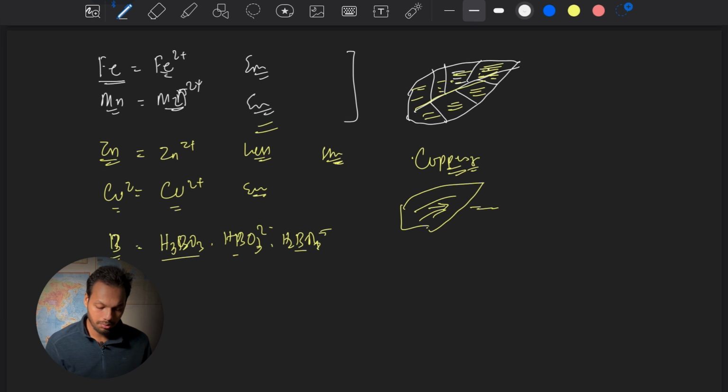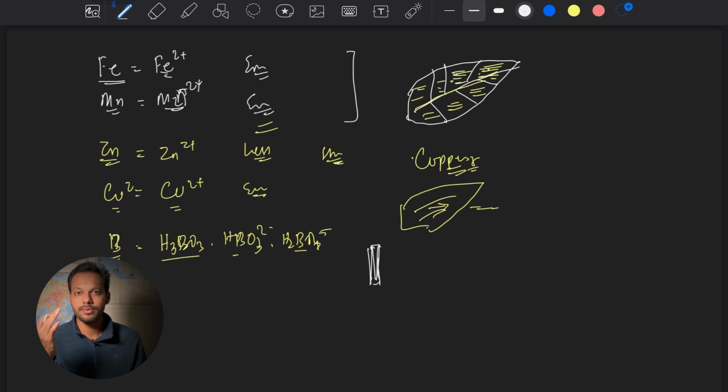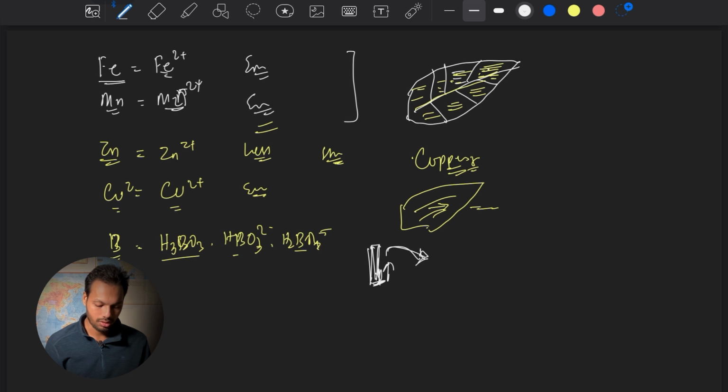How does the deficiency symptom look? Suppose this is the terminal bud. The deficiency will start from the base and move towards the top. As the base withers fast, this portion will bend down and form a whip-like structure. The deficiency appears in the terminal bud.